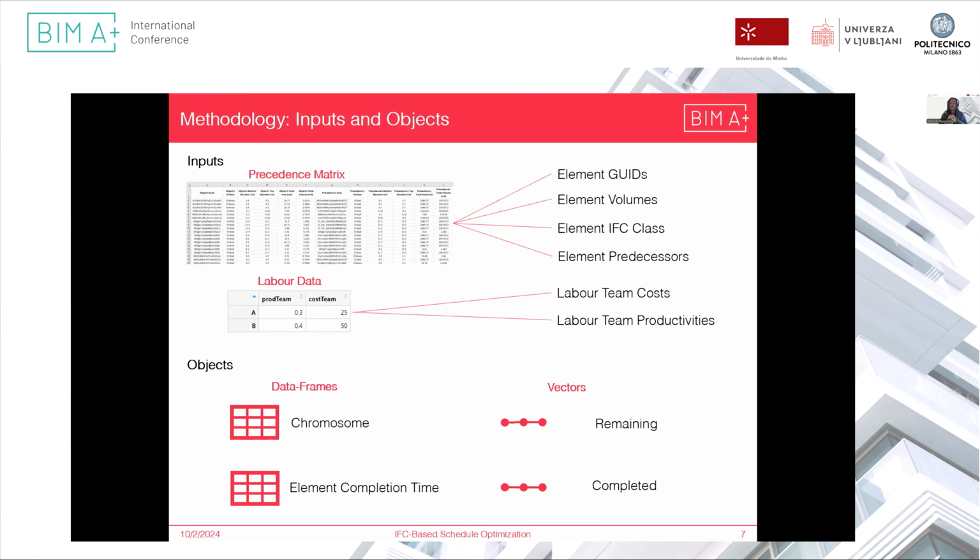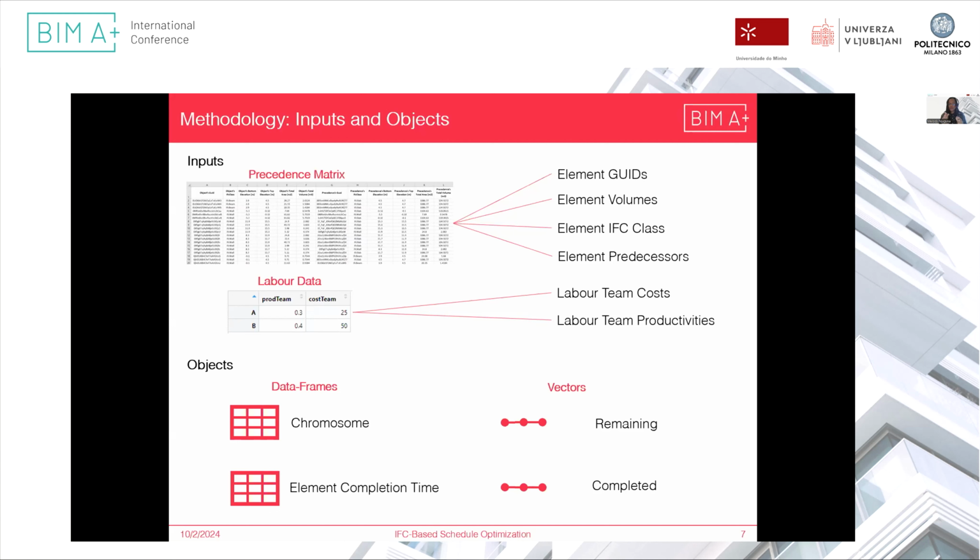So this contains what is important to us. The data that is contained here is the element GUIDs, their volumes, the IFC class and the predecessors. Okay, and then the labor data is the team costs and productivities. So the element volumes and the team productivities and costs all play together within the calculations as mentioned earlier.